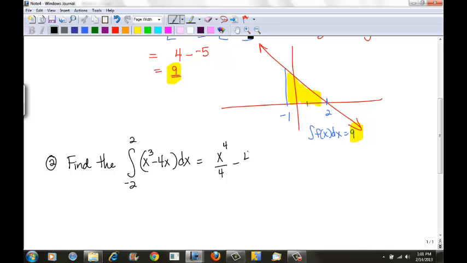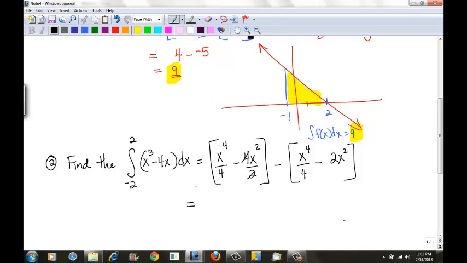Minus 4, and this would be x to the first, so you're going to add 1 to the exponent, divide by the new exponent, and then put parentheses or brackets around it as a grouping symbol, minus, and then we'd still have x to the 4th over 4 minus, and we can reduce the 4 and the 2 and get 2x squared. Okay, and then you simplify.